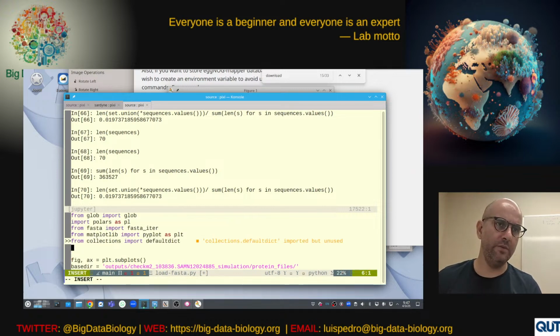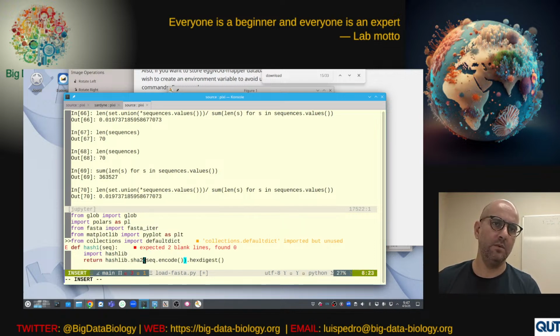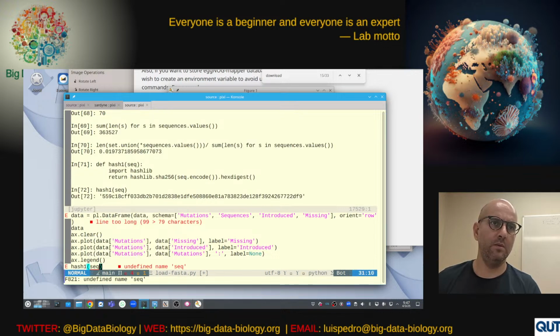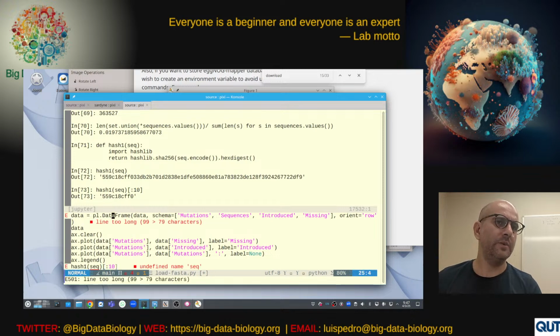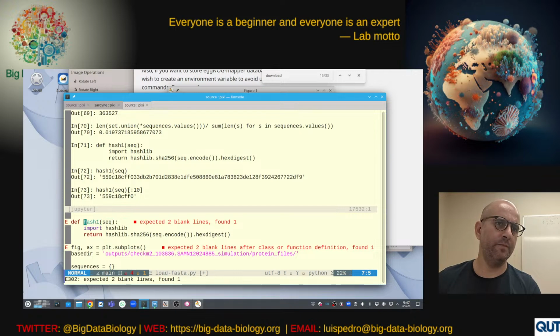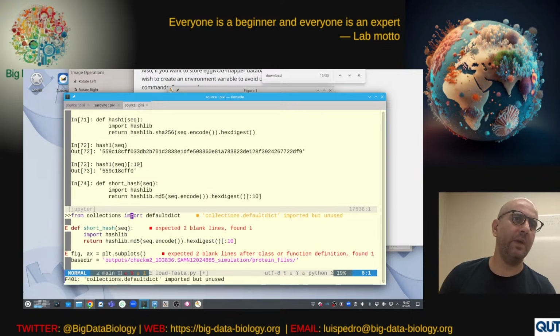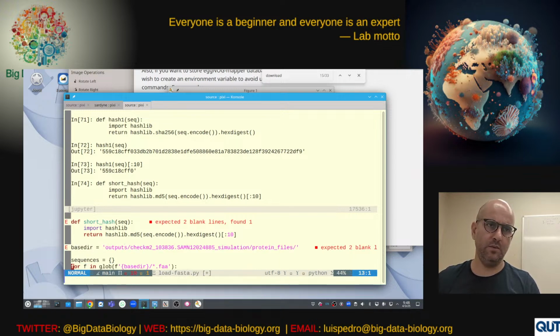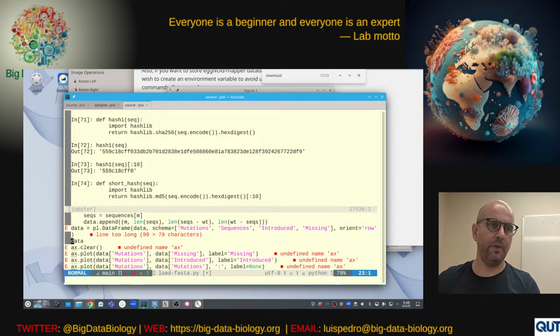So let's go to the MD5 is fine. Okay, let's do this very, very simple thing where we hash the files, right? Do this very simple thing.